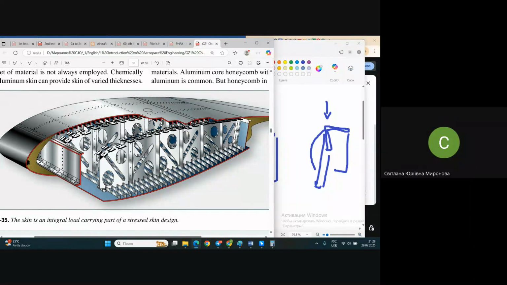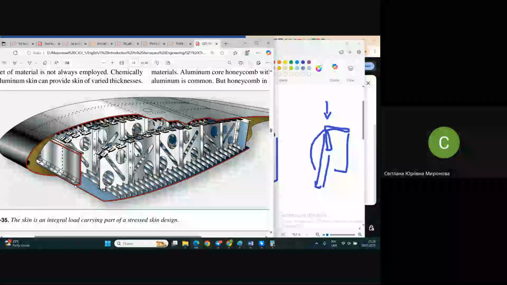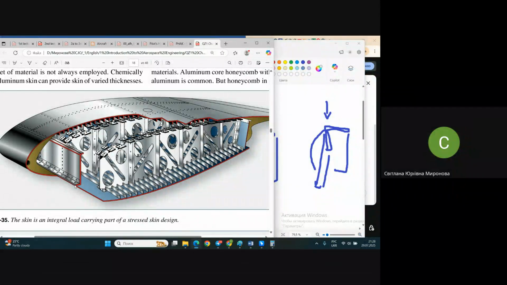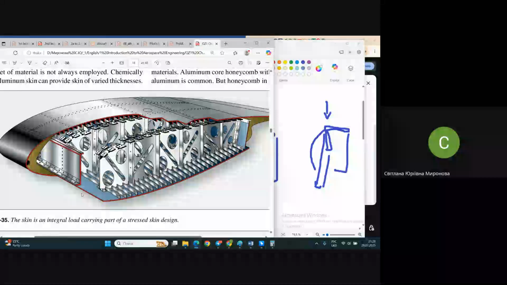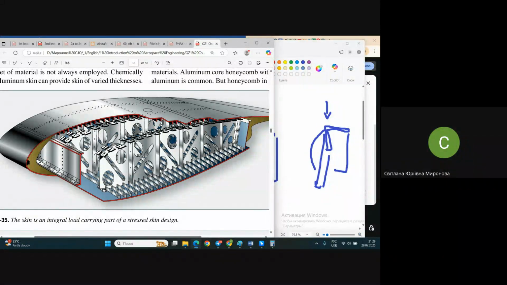A spar. Here is a T-shaped spar. Here, maybe even not T-shape, but more complex. You see, it's like T at the top and L shape at the bottom. Any configurations are possible, depending on the loads, depending on the sizes of aircraft. You see front spar, you see rear spar. They extend along the wing.